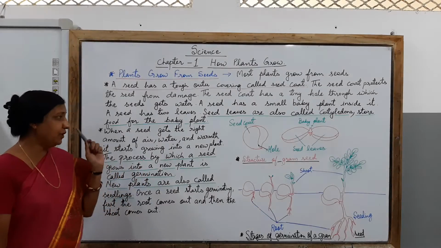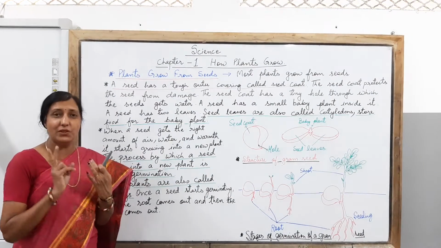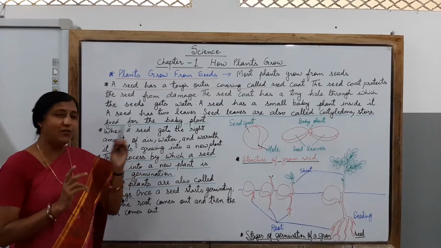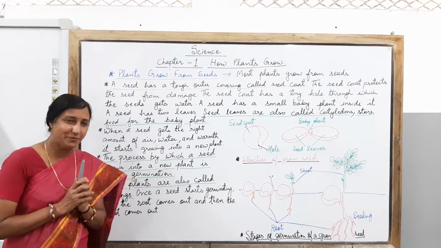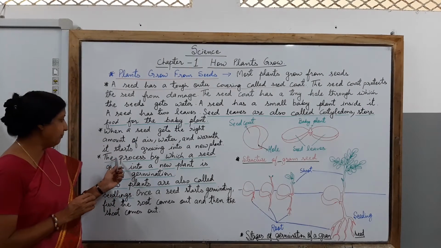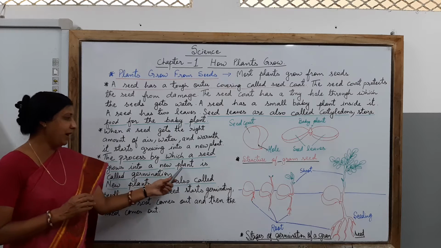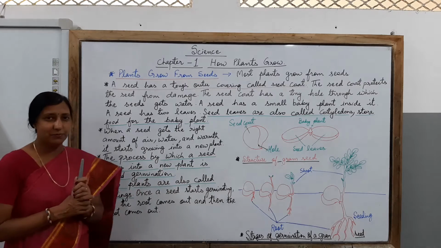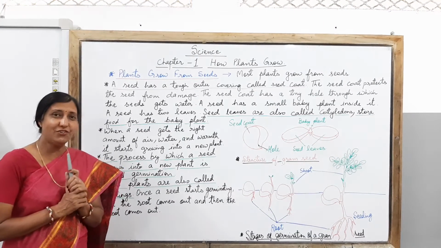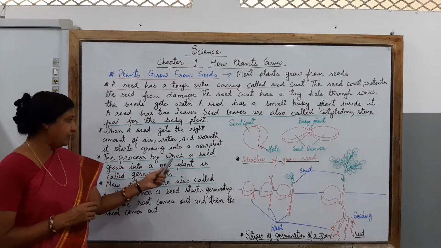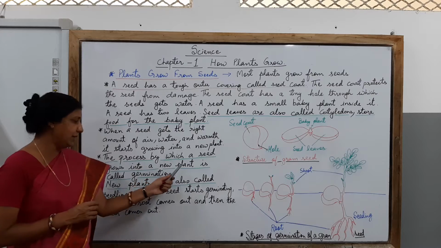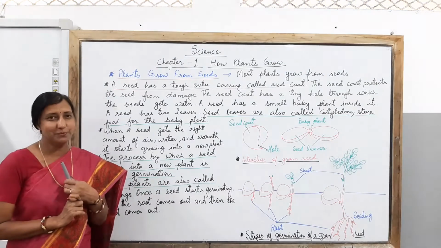So remember that the plant needs three things, air, water and warmth, for its growth. Now children, the process by which a seed grows into a new plant is called germination. Remember, the process by which a seed grows into a new plant is called germination.